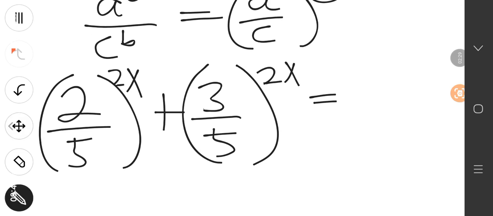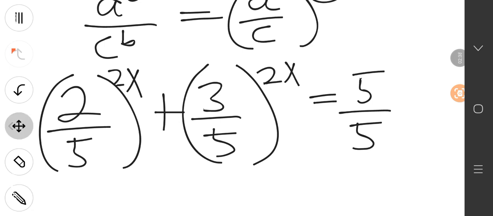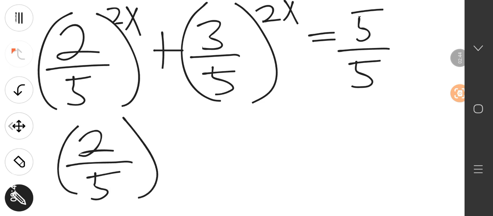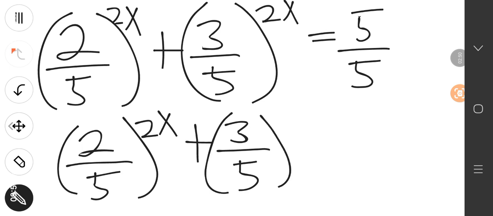Now, anything over itself is 1, so in place of 1, we can write 5 over 5. So we're going to have 2 over 5 exponent 2x plus 3 over 5 exponent 2x equals, now 5 is the same as 2 plus 3.